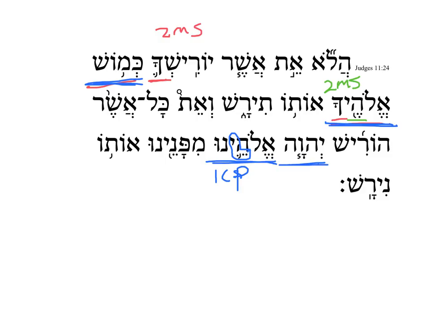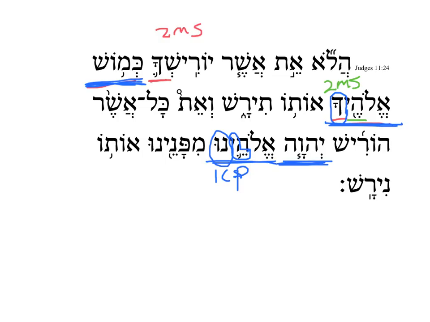Very similarly, the same word, Elohim, is used in the construct form with second person masculine singular, first person common plural, to refer to two different gods. The God of Israel, in Jephthah's words, their patron deity, I suppose, and Chemosh, the patron deity or god of the Moabites.